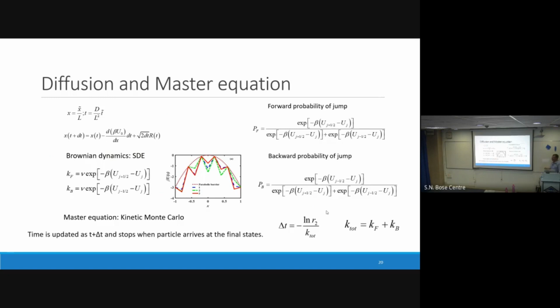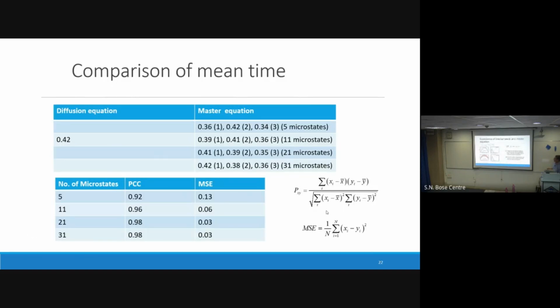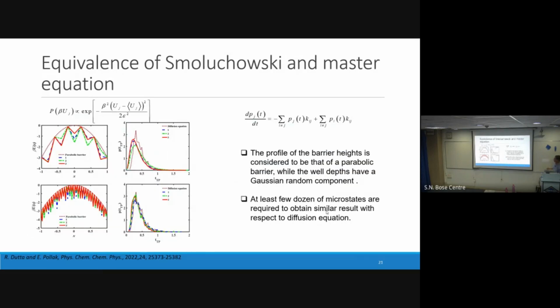Different people call it differently. Biology people also consider this type of simulation a Gillespie algorithm. Using this, as I mentioned, we consider different realizations with small microstate models. With 5 microstates I started, and then 5, 11, 21, 31 microstates we used.